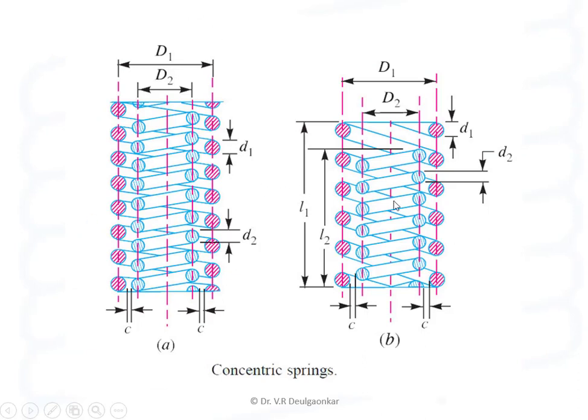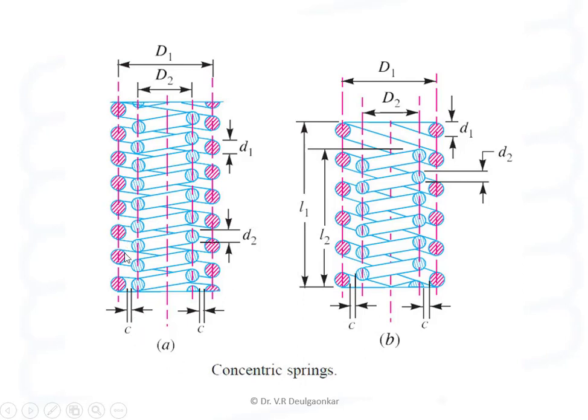We observe these diagrams. Here capital D1 is the mean coil diameter of the outer spring and capital D2 is the mean coil diameter of the inner spring. Corresponding to D1 we have small d1, that is wire diameter of the outer spring, and corresponding to D2 we have small d2, that is wire diameter of the inner spring.